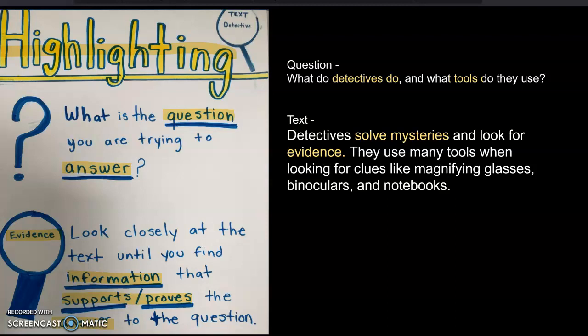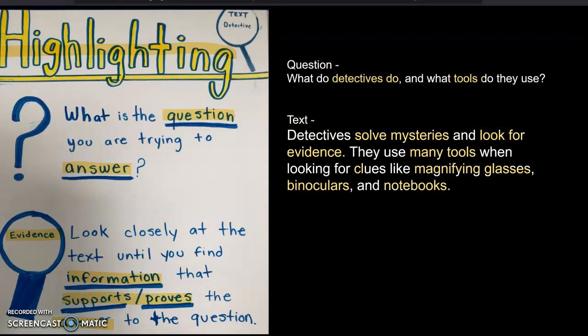They use many tools when looking for clues like magnifying glasses, binoculars, and notebooks. So I think I found our answers. What do detectives do? They solve mysteries and look for evidence. I'll highlight that as well.